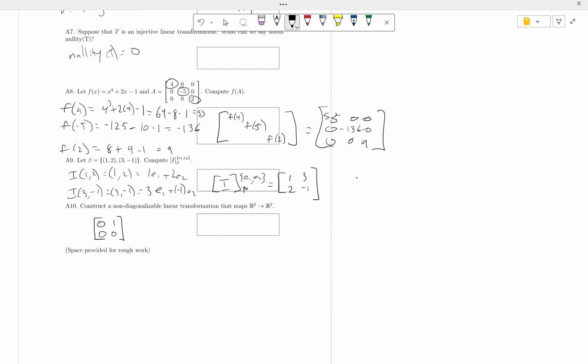Knowing that this is not diagonalizable, I want to know what T of (x, y) would give me this matrix representation. If I multiply by the vector (x, y), it's going to give me (y, 0). So my linear transformation would be T(x, y) equals (y, 0). So that is my operator.